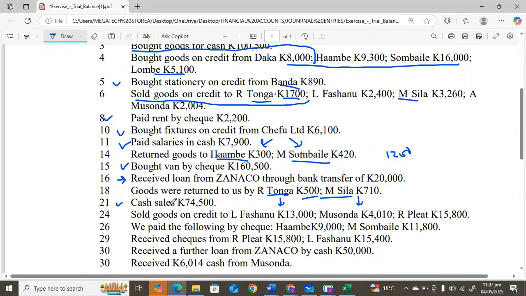Okay, next one. Cash sales, 74,500. And which other account? Cash account and which other account?